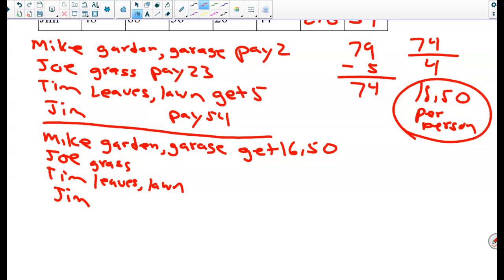Joe, we subtract the payment from what he pays. 23 minus 18.50 means he pays $4.50. If you're getting money, you just add the surplus to that. 18.50 and 5 is 23.50.